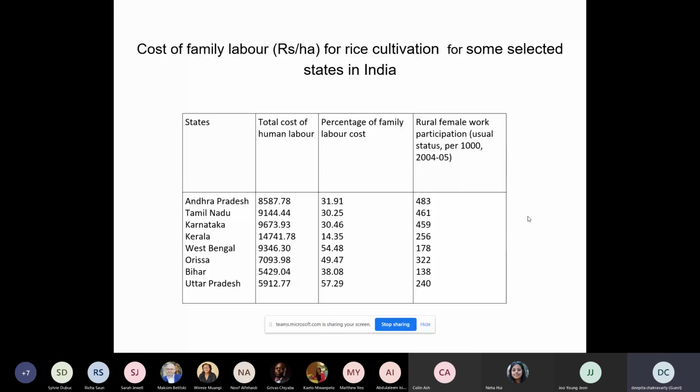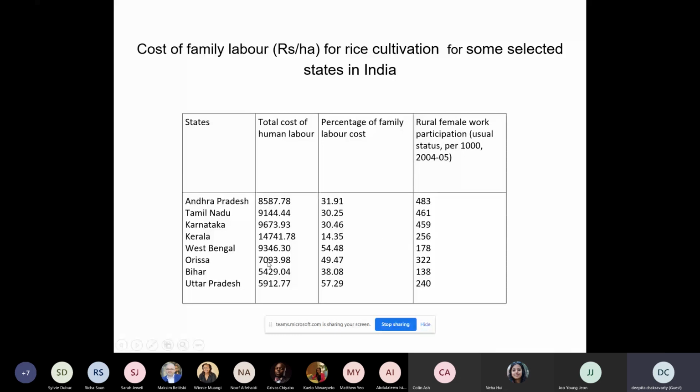One of the major data we get is the cost of family labor per hectare of different kinds of crop cultivation. Because I've narrowed down to rice cultivation, I looked at the cost of family labor for rice cultivation for the selected states of mine. All right. And if you look at these figures closely, you see something very interesting.